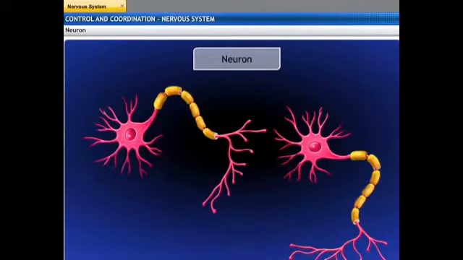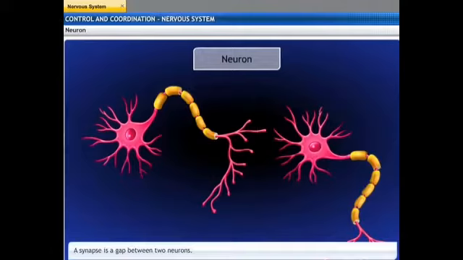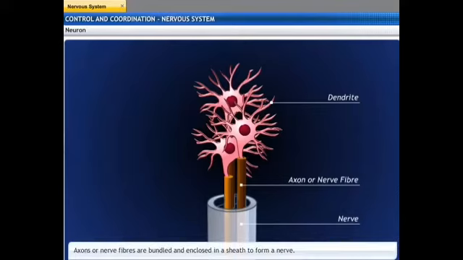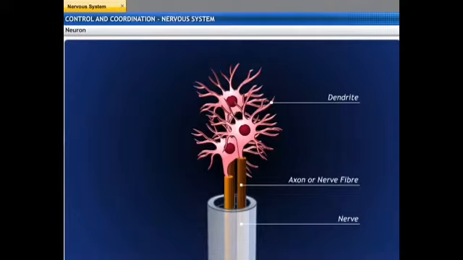The dendrites are many while the axon is only one. Two neurons are connected by means of a physical gap known as the synapse. This gap helps in the transfer of the messages. The axons or nerve endings are bundled in a sheath to form a typical nerve.